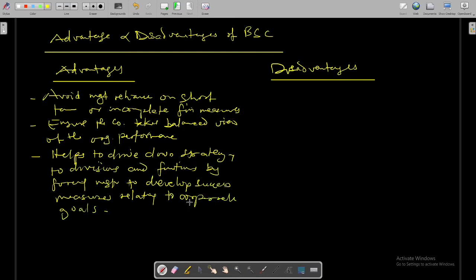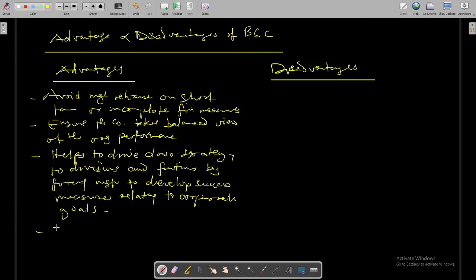So this helps the organization to strategically drive down this kind of strategy to the various divisions and functions within the organization, forcing the organization to set measures that will help the corporate organization achieve its goals.